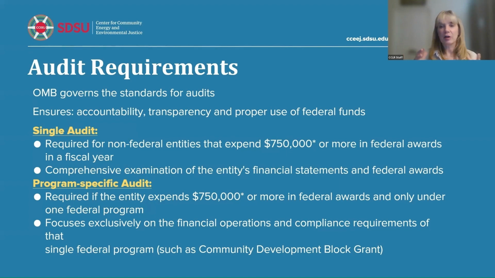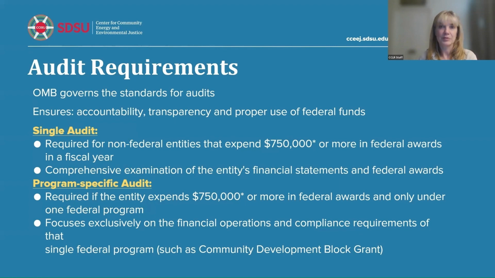So depending on what federal program you are receiving money for, this would depend on whether or not you have a program-specific audit. And it focuses exclusively on the financial operations and compliance requirements of that single federal program.